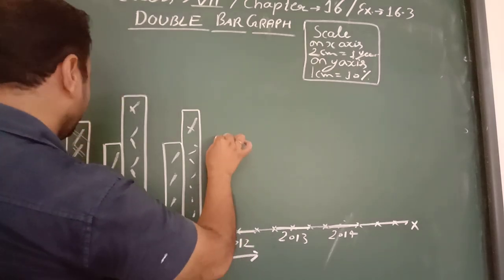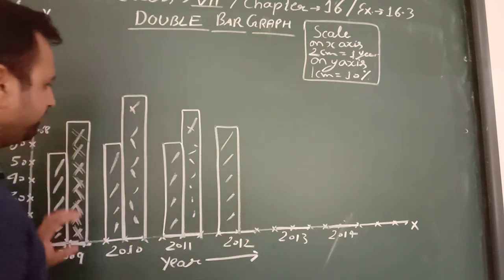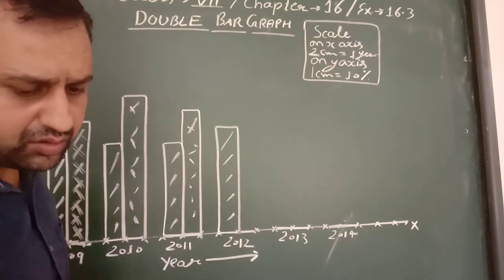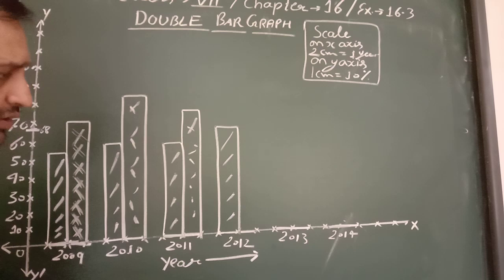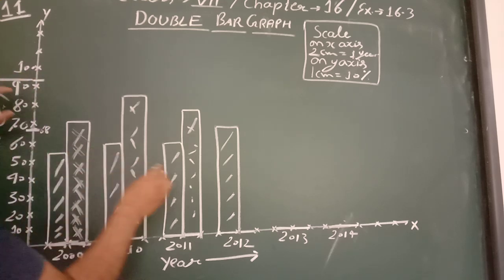On graph paper we can use a proper scale and draw the bar graph. 2012 annual examination 92%, 92 lies between 90 and 100, so it is 92.